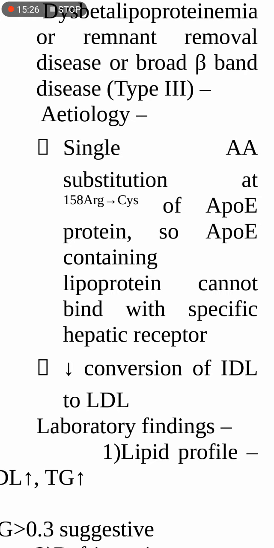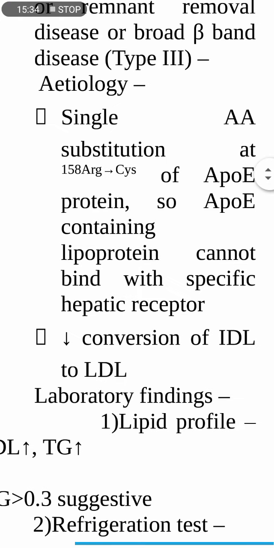So ApoE containing lipoprotein cannot bind with the specific hepatic receptor, liver receptor. This defective ApoE cannot bind with the liver receptor. So there is a decreased conversion of IDL to LDL.